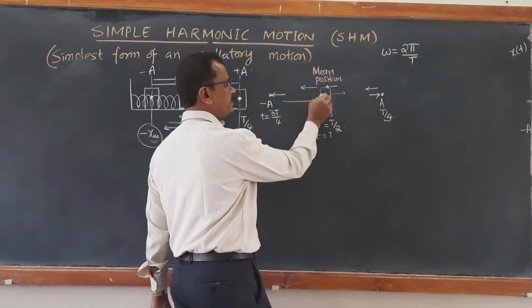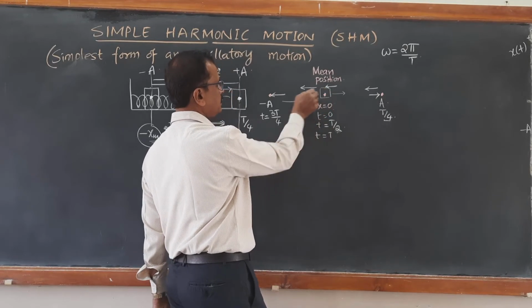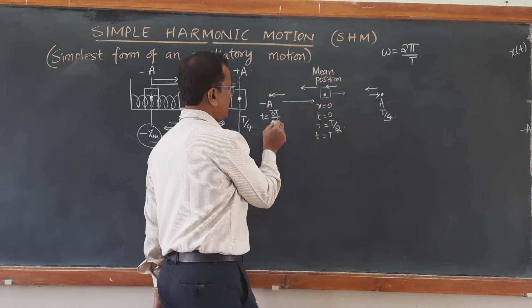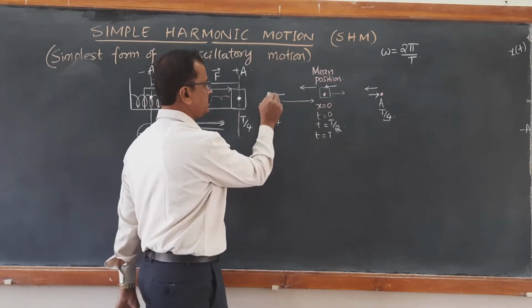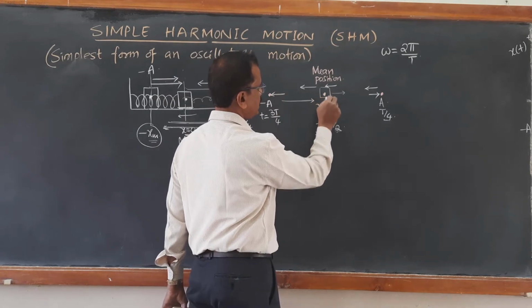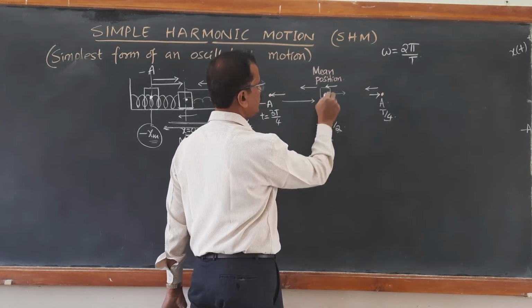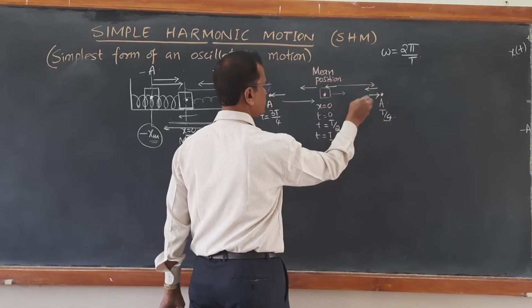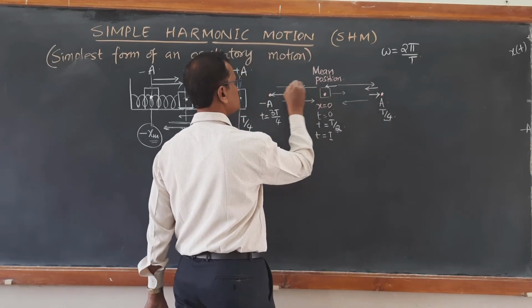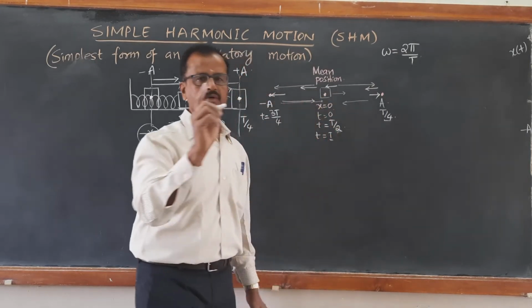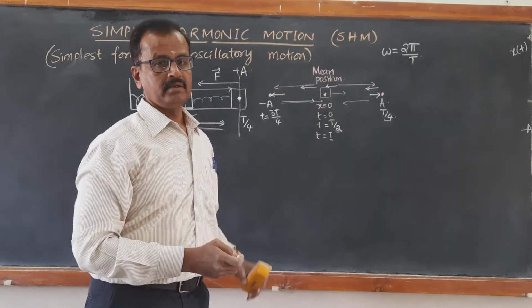After half the time period, it will be at the mean position, then continues to move towards the left extreme position. At 3T/4, it will be at the left extreme position, minus a. Again it returns back. At complete T, it will be at the mean position. It goes like this, comes back, and again goes to the left extreme position and comes back. So it is said to have one complete oscillation.